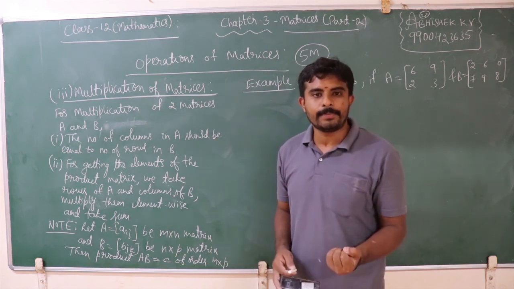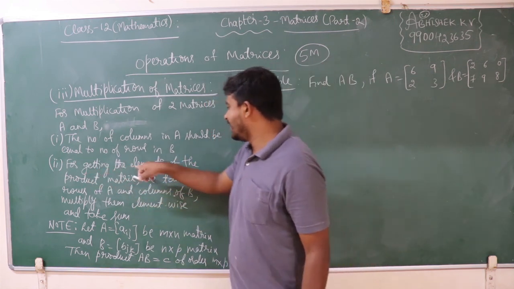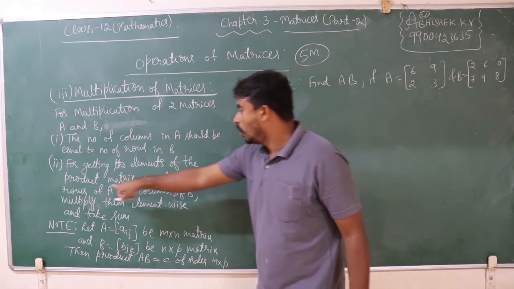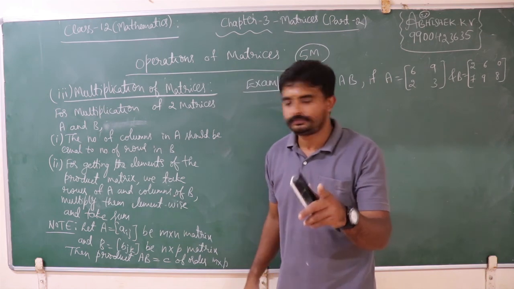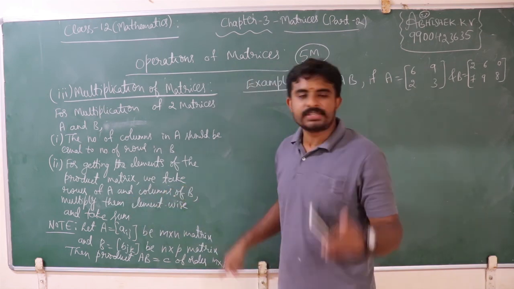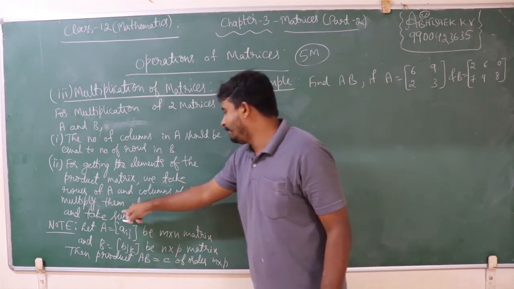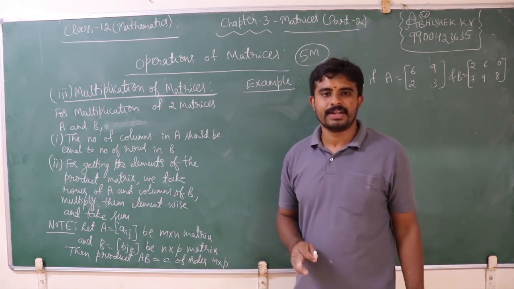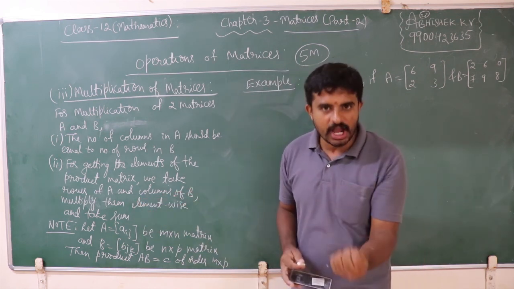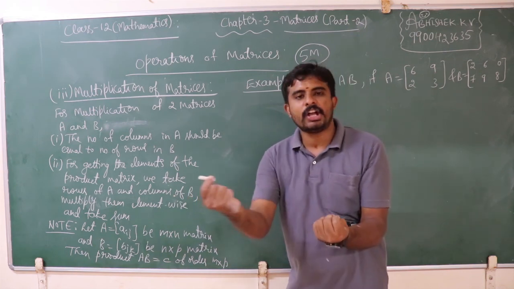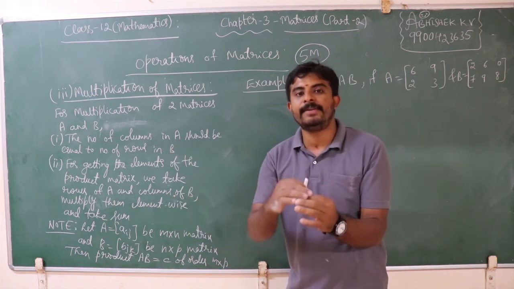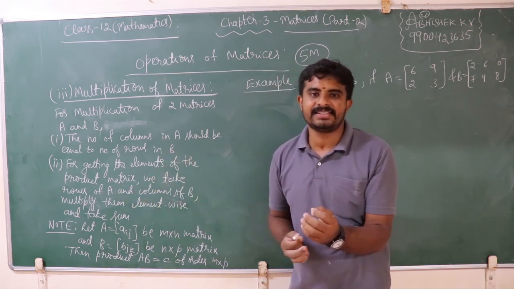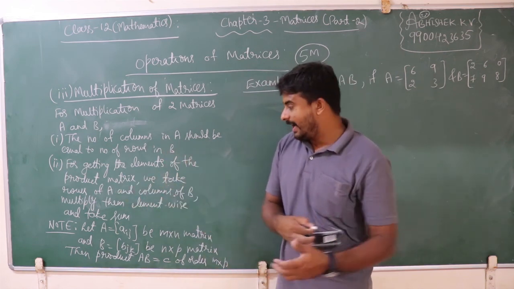Then, how can we get the product? For getting the elements of the product matrix, we take rows of A and columns of B, multiply them element wise and take the sum.